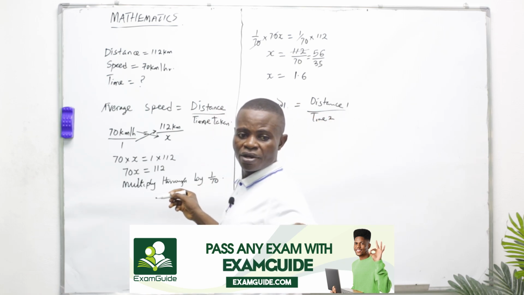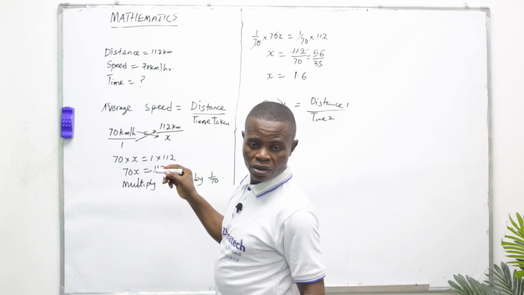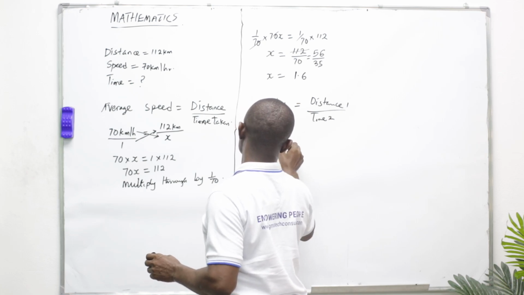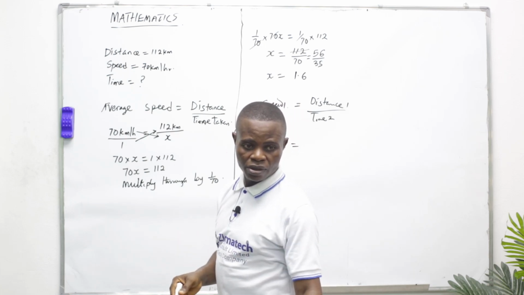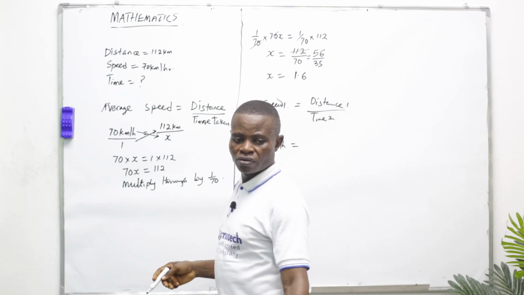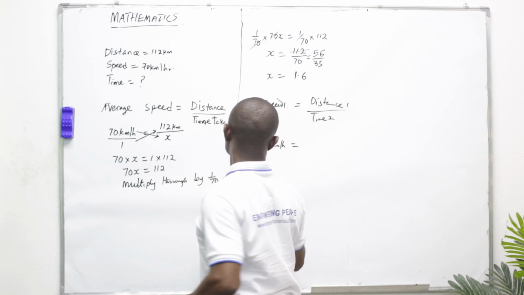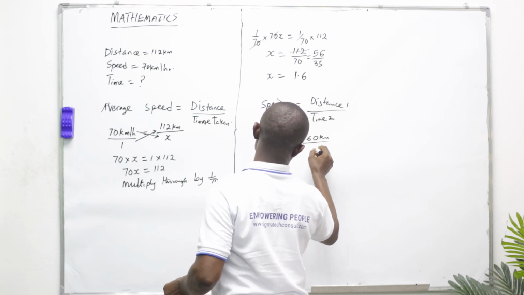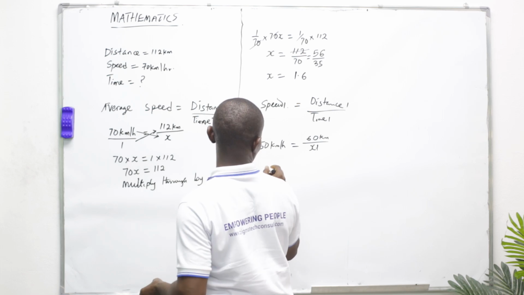So the speed here is 50 km per hour equals distance. The distance here is 60 kilometers over T2. You can call it T1. You can call it S1, so it will be different from the first one.